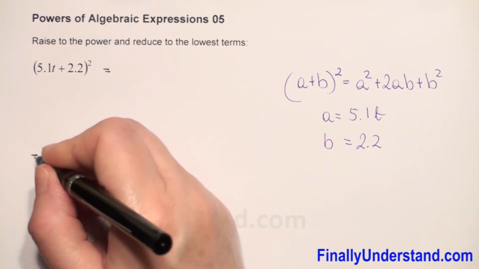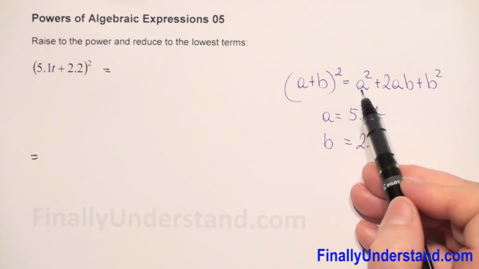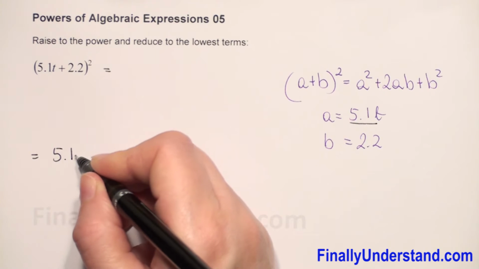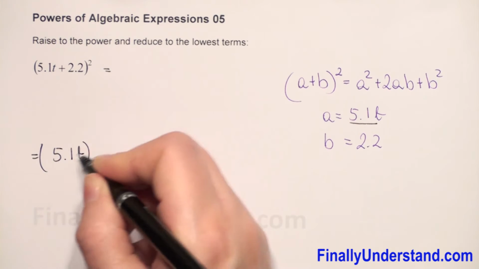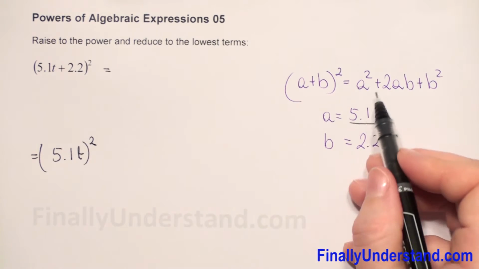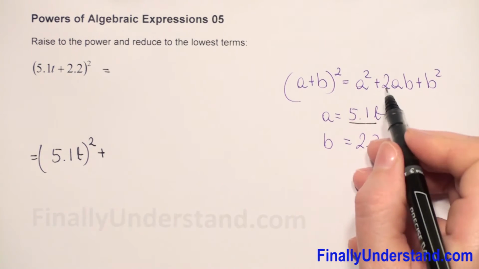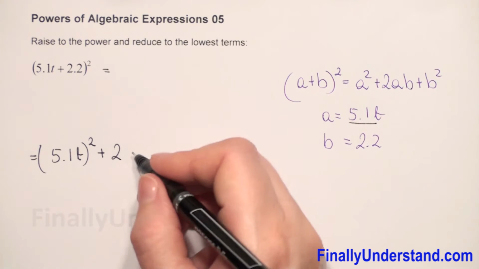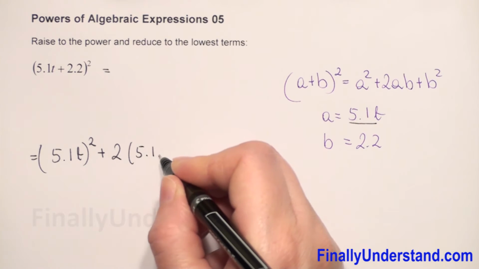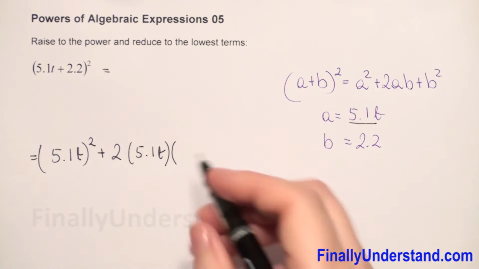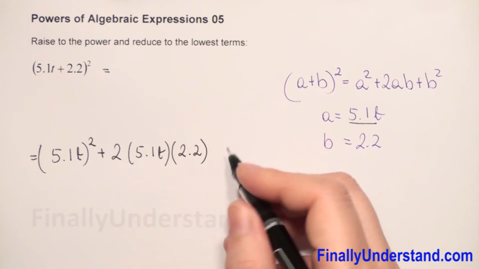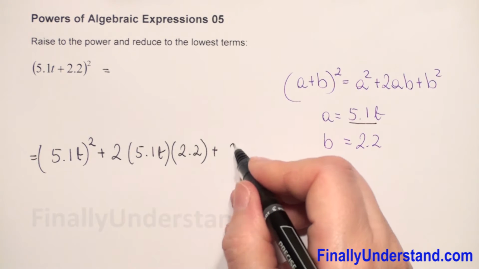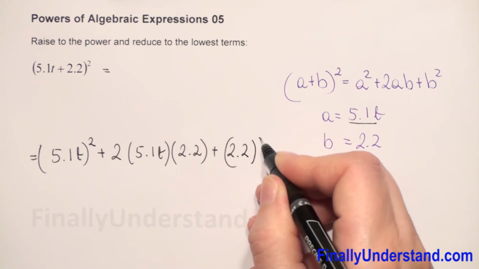This is equal to, first we have a to the second power, so we have (5.1t) to the second power. We have to raise. Next we have positive sign, 2 times a times b, so a is 5.1t times 2.2, and we have plus b squared, so we have 2.2 to the second power.